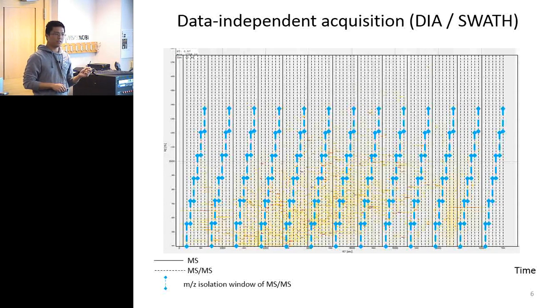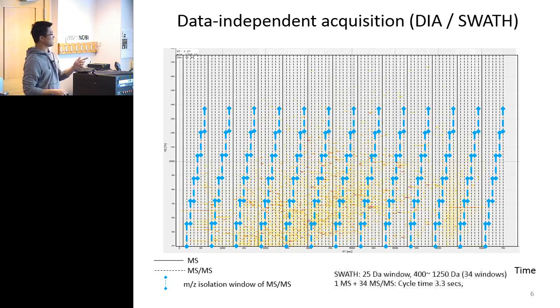But the challenge here is that because you use a wider window, you have multiple peptides in the same window, maybe co-fragmented. So the MS spectra is not that specific for one particular ion. Does that make sense? Okay. So this is the way that data independent acquisition works.